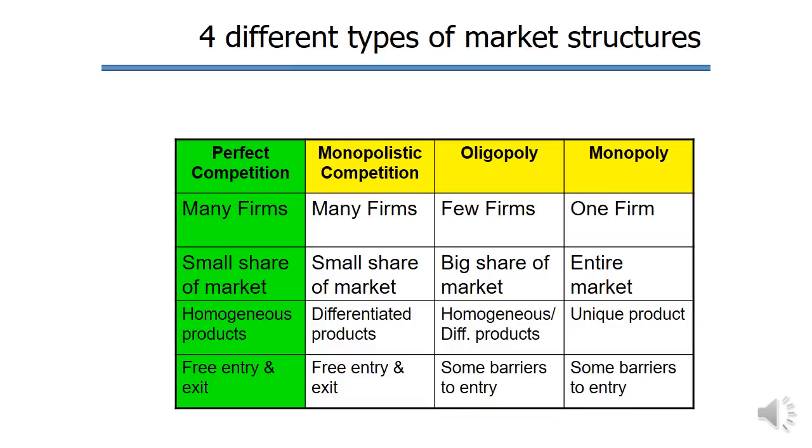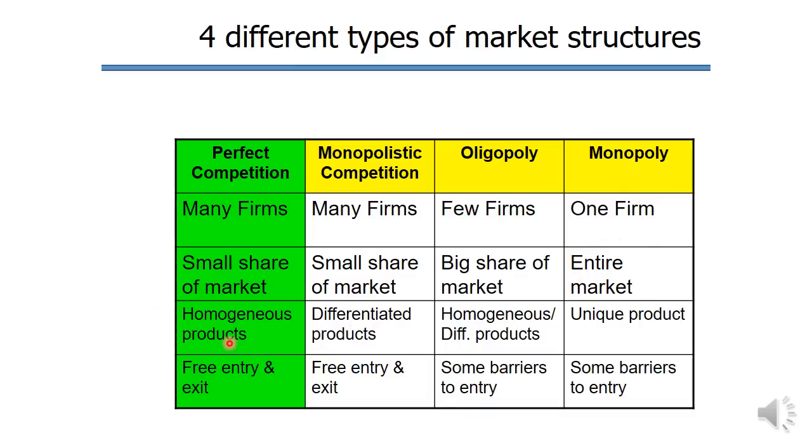Now, the way that we identify or characterize market structures is based on some common measurements, like are there many firms or just one firm? What is their share of the market? Is it a small share or is it the entire market? What kind of product are they selling?